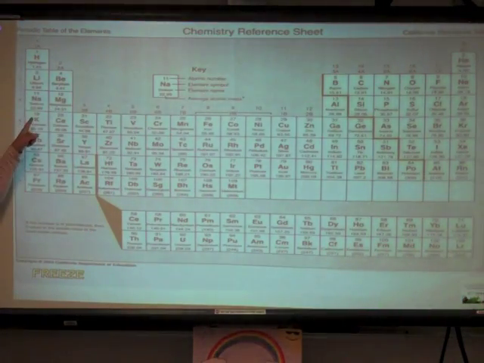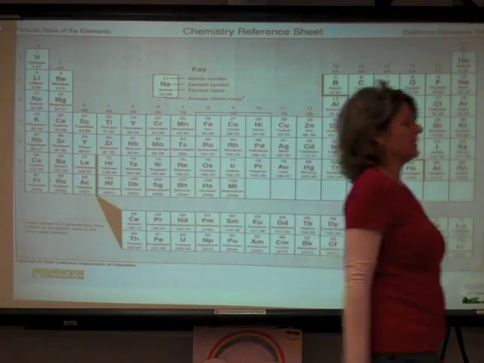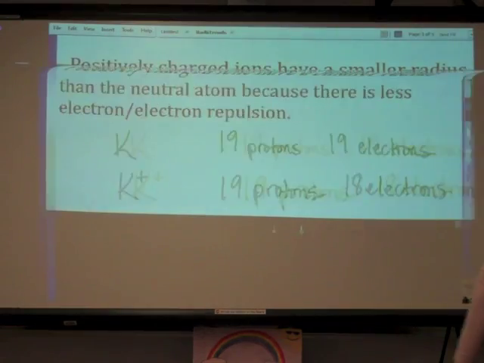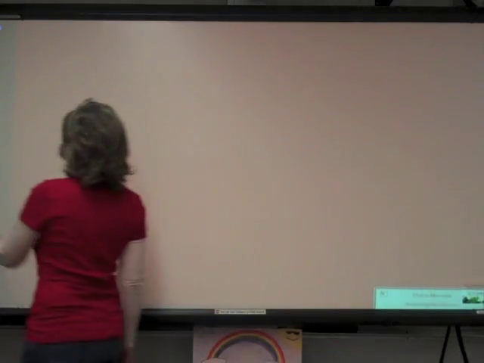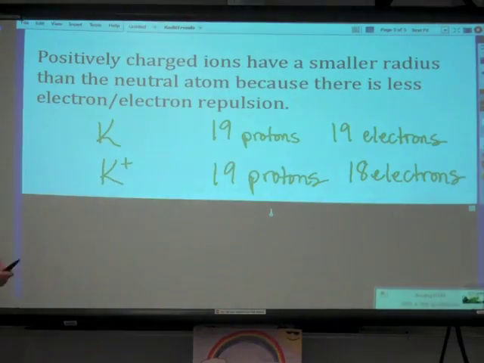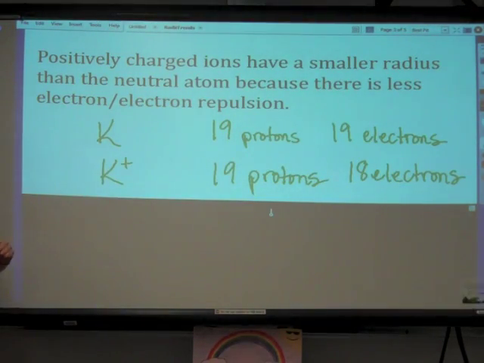The valence electron for the potassium atom is in quantum level 4. Once we have gotten rid of this valence electron, where are the valence electrons now for the potassium ion? They are in quantum level 3.